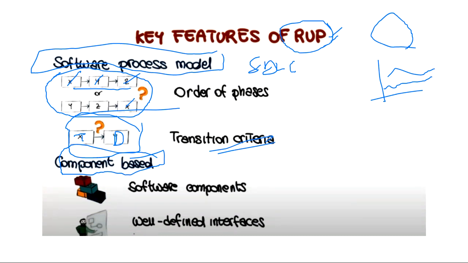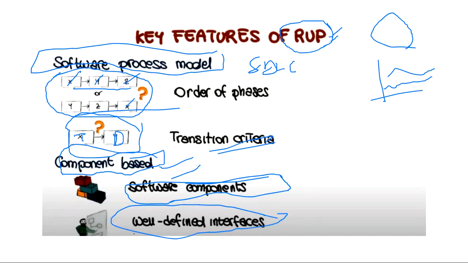The design part is the module of your software where you are creating the architectures. Implementation is the part of your software where you are actually coding. So this is a component based model where all the software components are joined together. Well defined interfaces means you are just clearly explaining what each phase does.